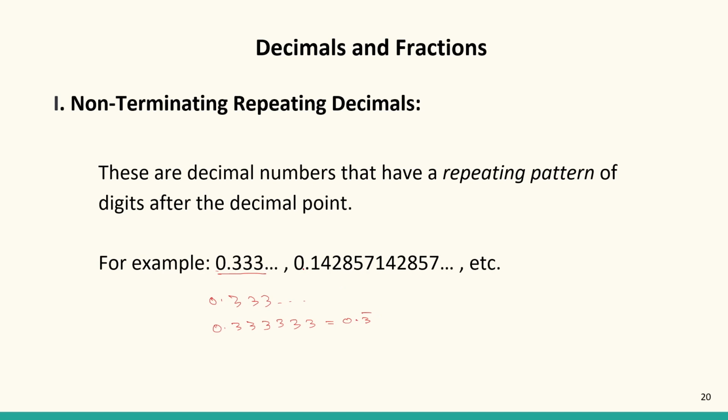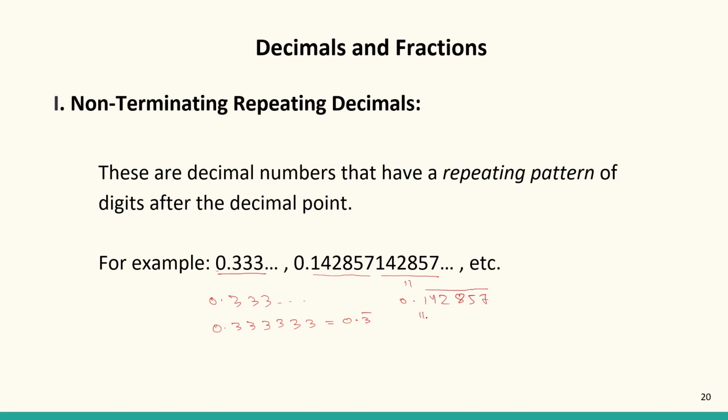So here you can see the second example, 0.1428571428857. If you see these digits after the decimal point, 14287 is actually repeating again. These repetitions are going on and on, so we can write this as 0.14287 with a bar on it.